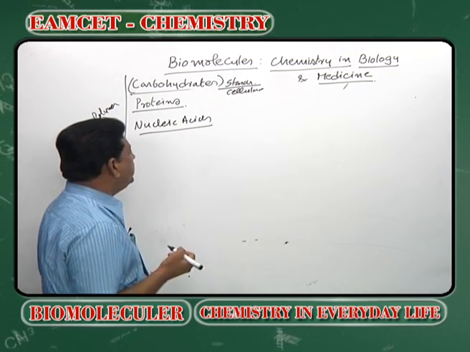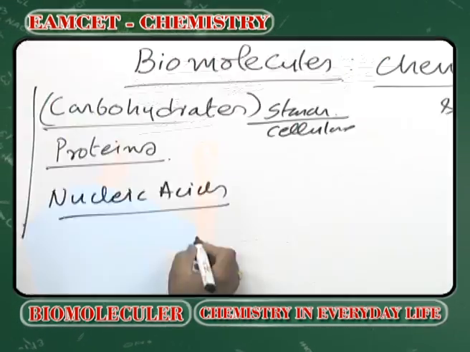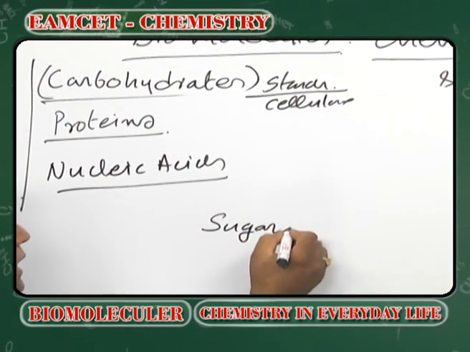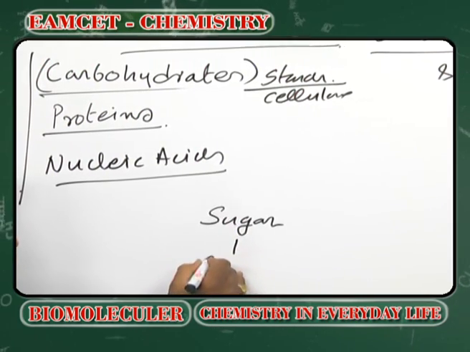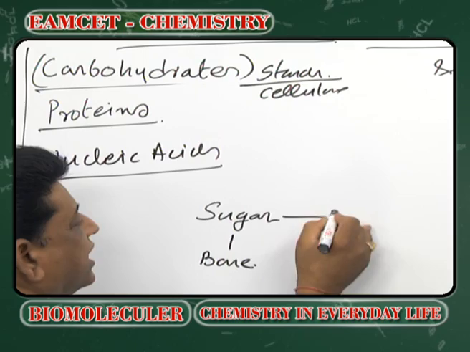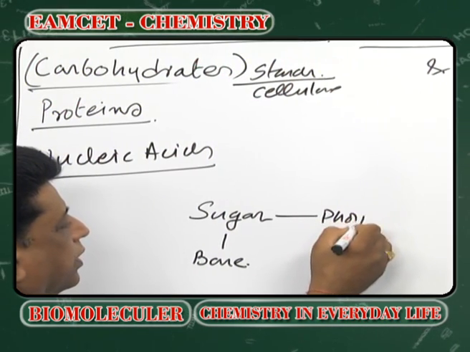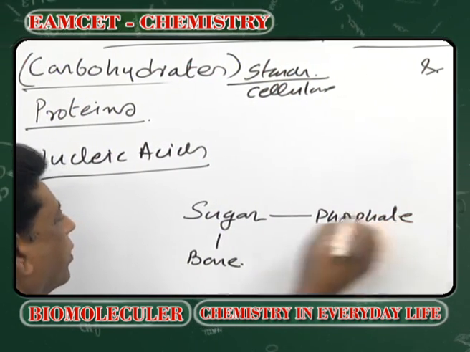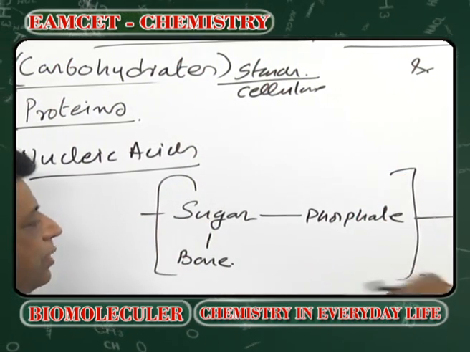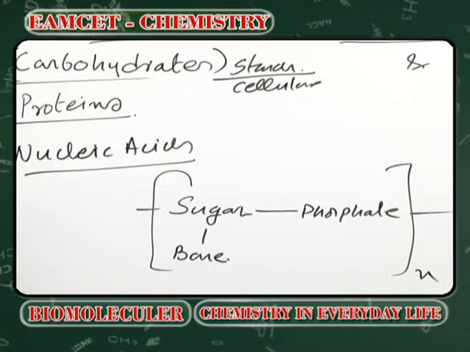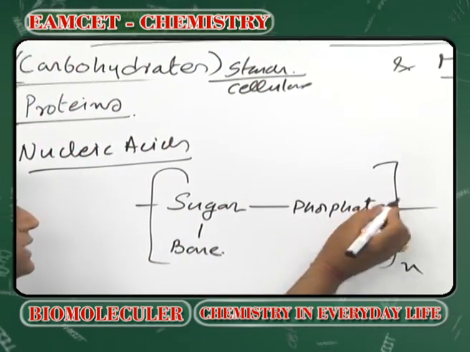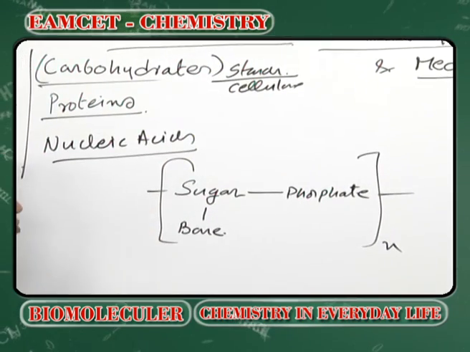Okay. So nucleic acids are made up of one sugar unit, which is linked with one organic base, and this sugar is linked to a phosphate. This will be n times along the chain of the sugar, a phosphate and a base. What type of sugar will be there?